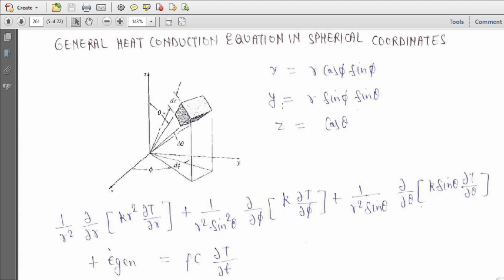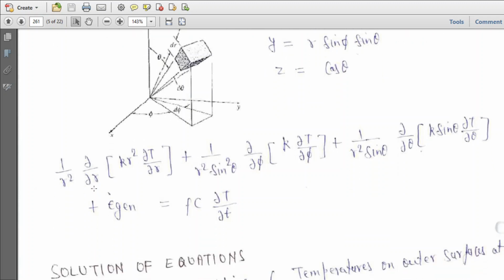So by putting these changes, you will end up with this equation: (1/r²) ∂/∂r (k r² ∂T/∂r) + (1/(r² sin²θ)) ∂/∂φ (k ∂T/∂φ) + (1/(r² sin θ)) ∂/∂θ (k sin θ ∂T/∂θ) + E dot generation = ρc ∂T/∂t.